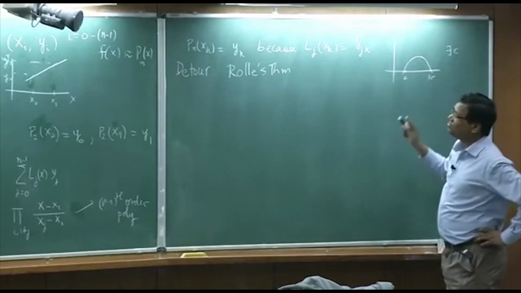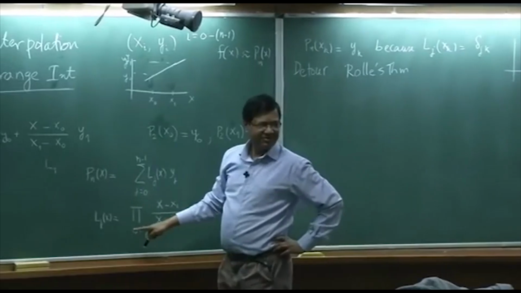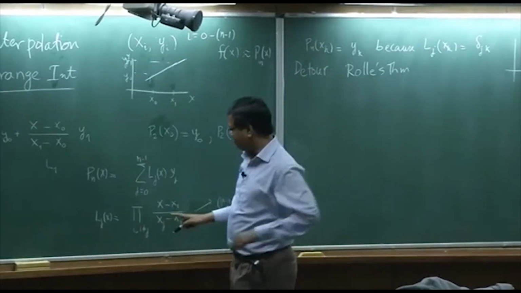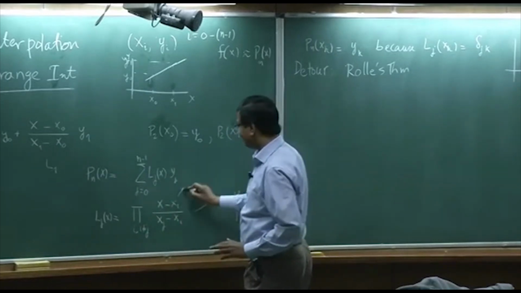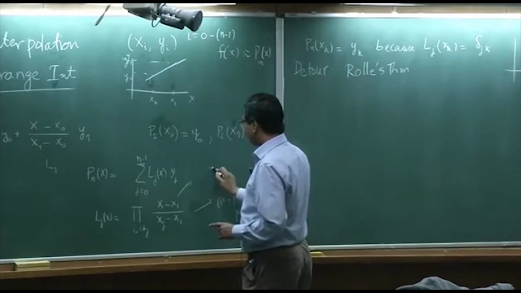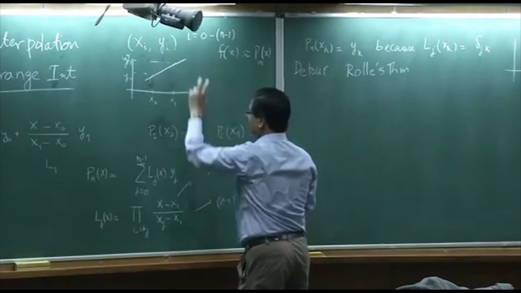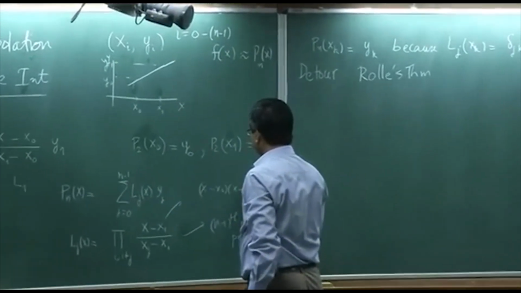So, there are a lot of symbols in mathematics. Please remember this is the product symbol, like the series symbol; everybody knows this symbol, product. So, let me just write this. The symbol is very critical. If I have 3 points, then I will have terms like x minus x0, x minus x1.